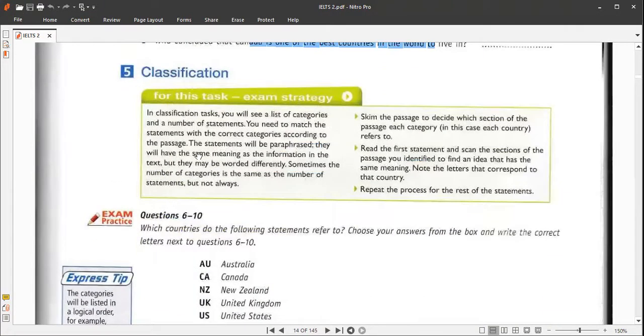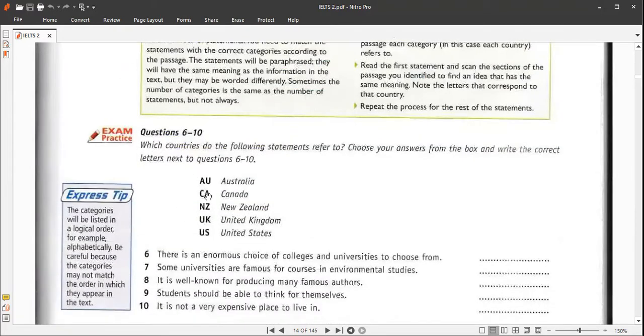And then we have classification, question 6 to question 10. Remember, read the instruction. Here you are asked only to write the correct letter, so just answer it with AU, CANZ, UK, or US.